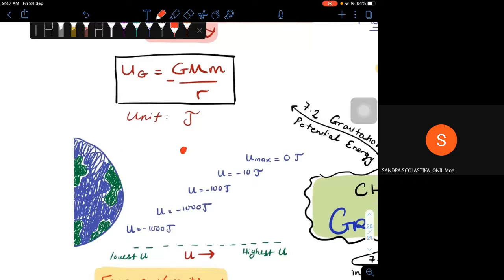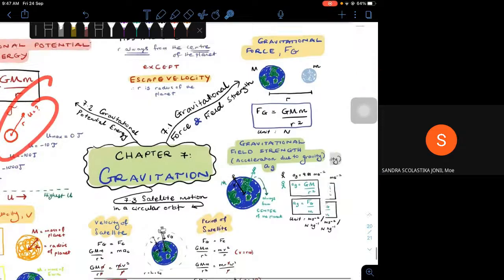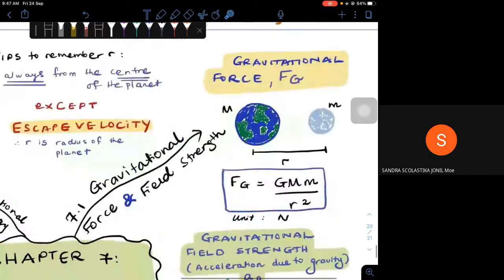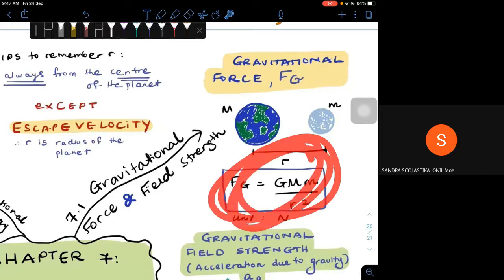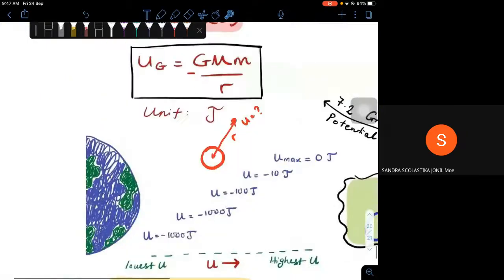Katalah kita ada planet, nak kira U kat sini. So R dia always from the center, sama je macam gravitational field. Yang antara dua objek ni je yang force, tapi yang R ni always from the center.